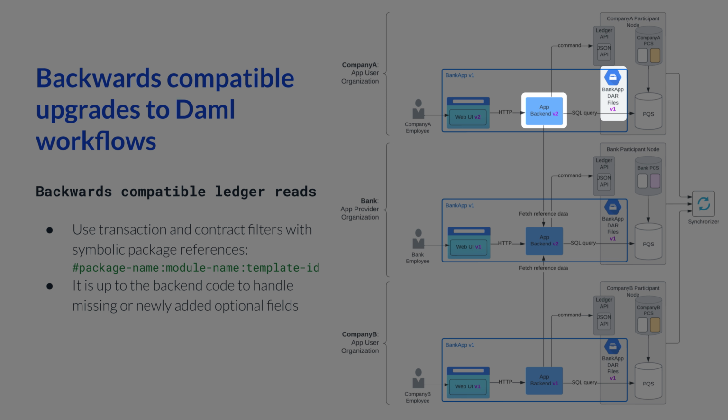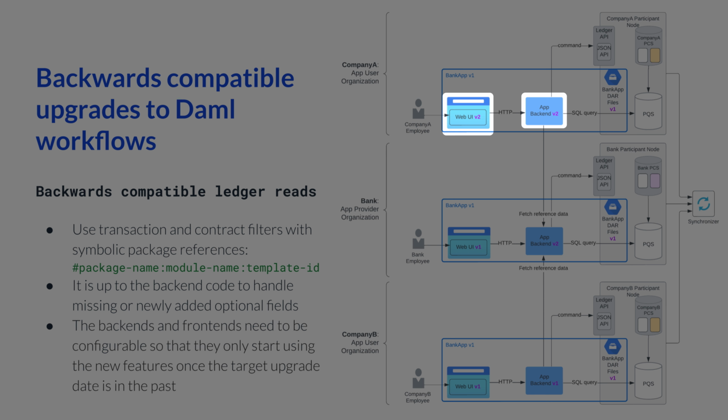The codegens that are part of the Daml SDK take care of this by implementing the conversion explained earlier, where the value of a missing optional field is set to None. For upgrades, where version 2 front ends and backends use new features such as new fields, variant constructors, choices, or templates, an additional consideration is required.